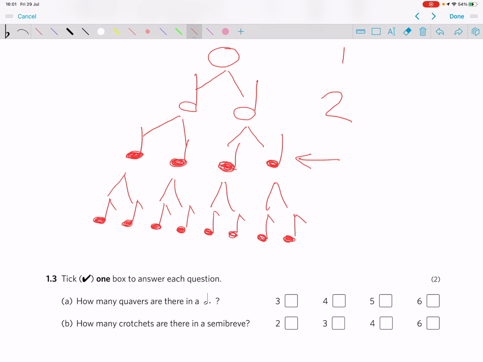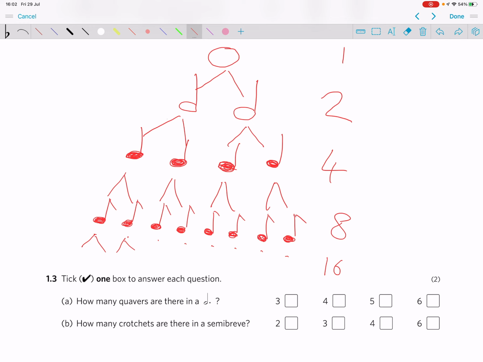You can see how many are going to fold up into the semibreve. So there's 4. And how many quavers are there? You can count them all up: 1, 2, 3, 4, 5, 6, 7, 8. There are 8. Now, if we were to go further to semiquavers, there would be 16. So it's a mathematical pattern that it's good to write out so that you can see it.